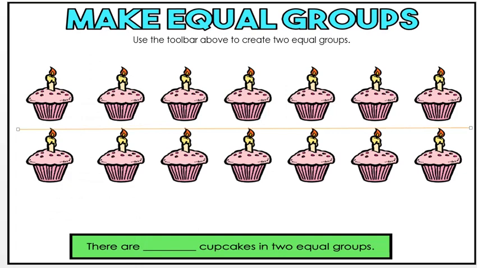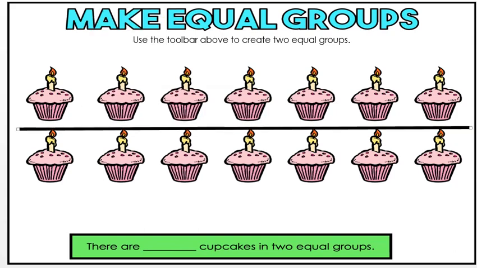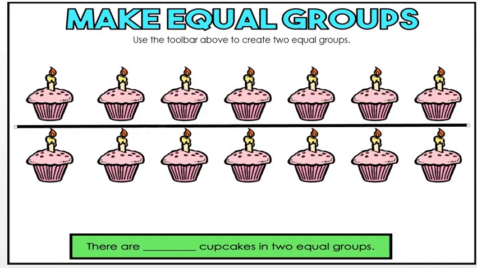And if I draw a second line, maybe you can see it a bit bigger if I make it thicker. Yeah, so above the line is 2 groups. So in each group, there's 1, 2, 3, 4, 5, 6, 7. So I've separated them into 2 groups and made them each have 7 cupcakes in 2 equal groups.